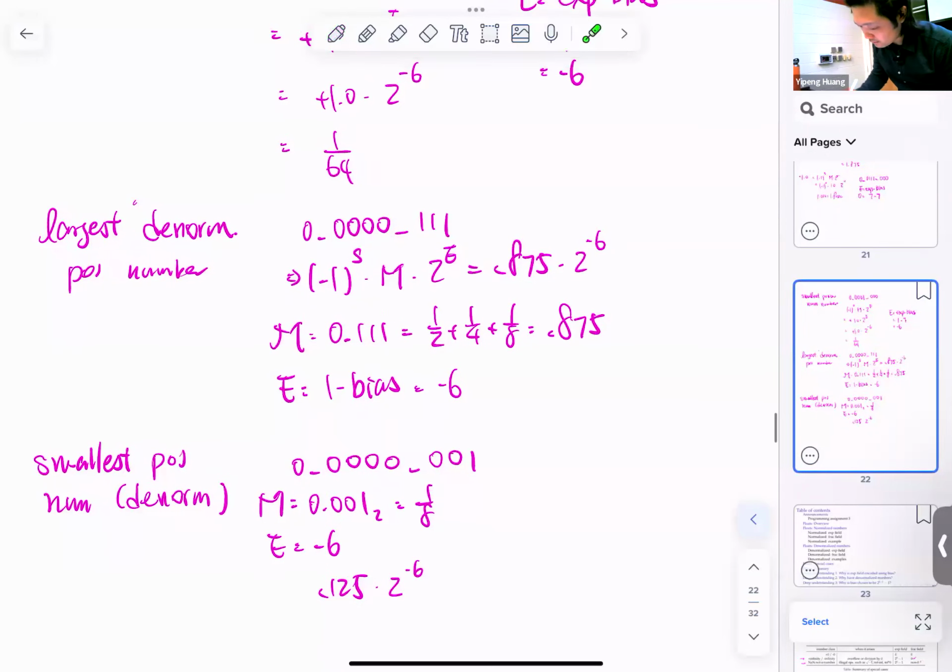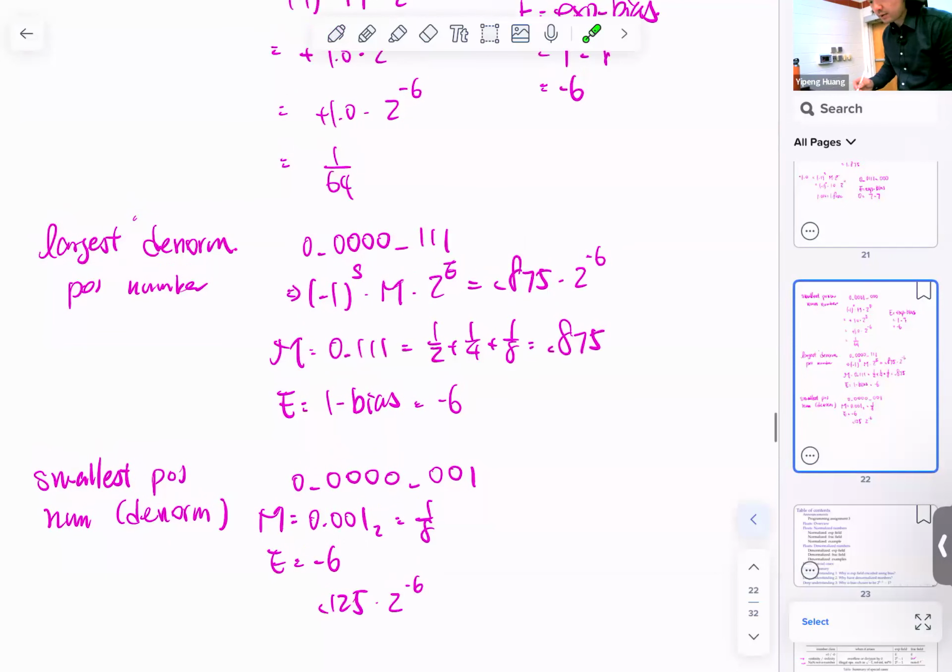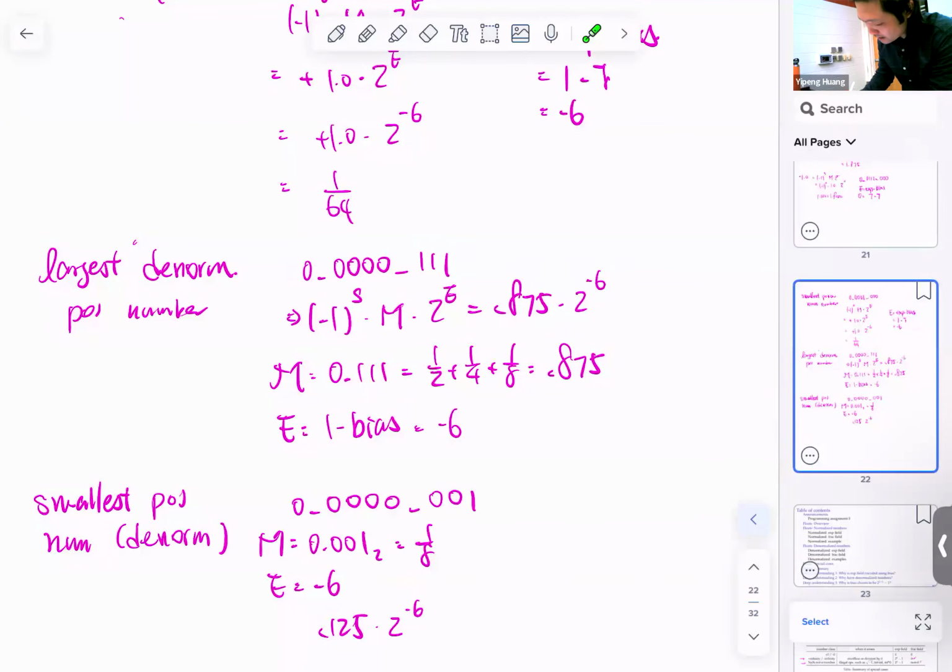Same thing. We can see a very nice progression of these numbers coming down from the normalized numbers there. The next one down is this number, 0.875, still at the same power of 2, and finally coming down to 0.125, same power of 2. Right, so here already I kind of want you to start having this intuition, this feel of why the denormalized numbers are a good idea.